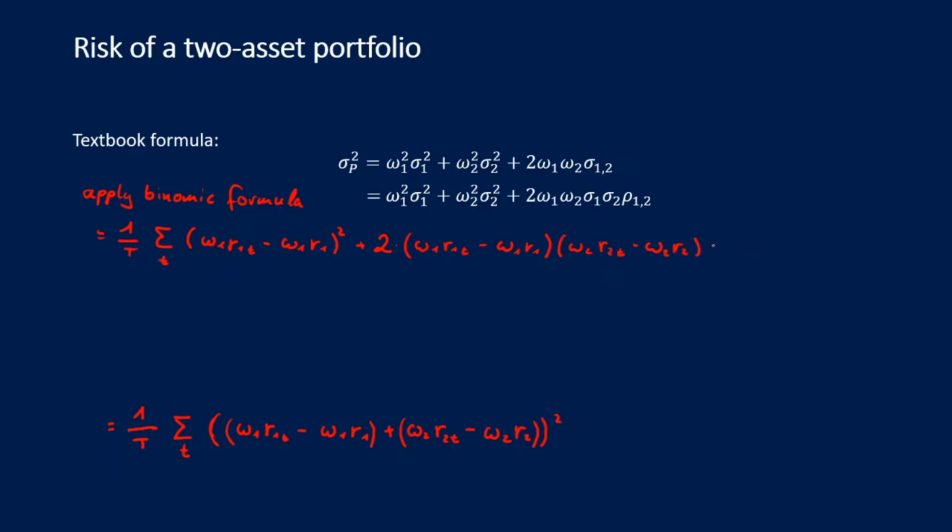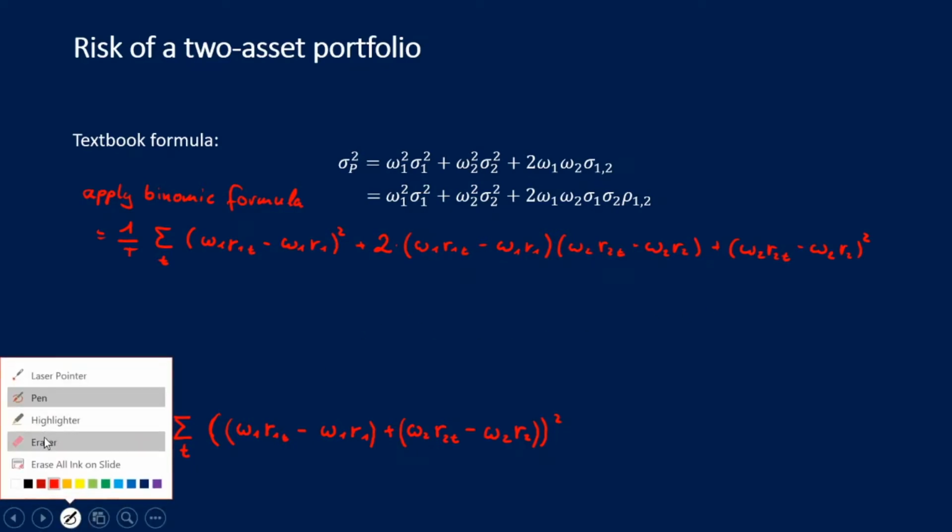And of course the last part then is W2 R2t minus W2 R2 and squared. Beautiful. And now I just remove the last formula here because I need a little space.